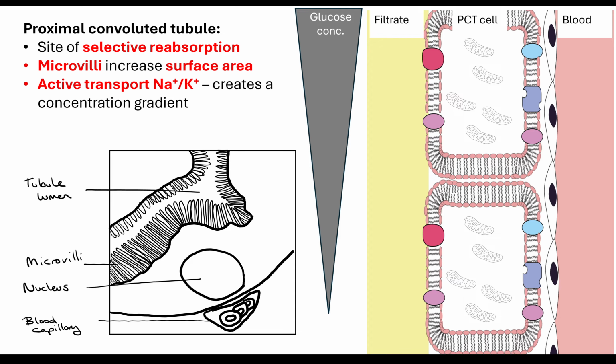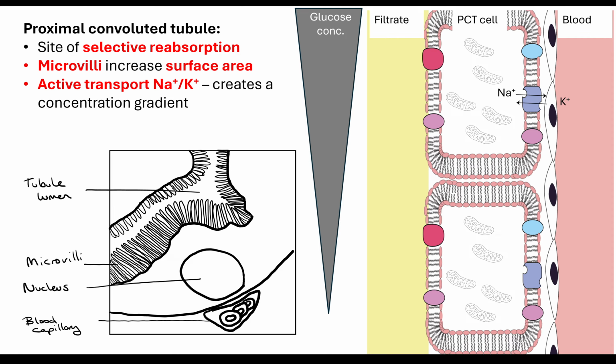The first thing we need to note is that at the proximal convoluted tubule, active transport occurs. Now that is your sodium-potassium pump. So your sodium-potassium pump is going to pump sodium out of the proximal convoluted tubule cell and potassium in. By pumping the sodium out of the cell, there's going to be a concentration gradient.